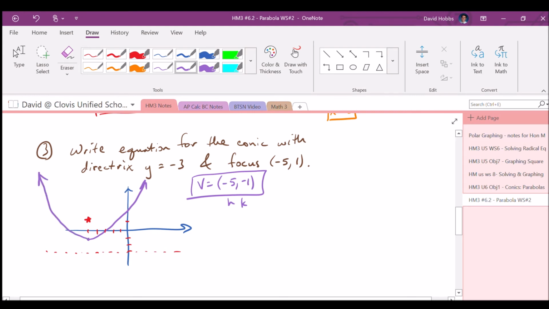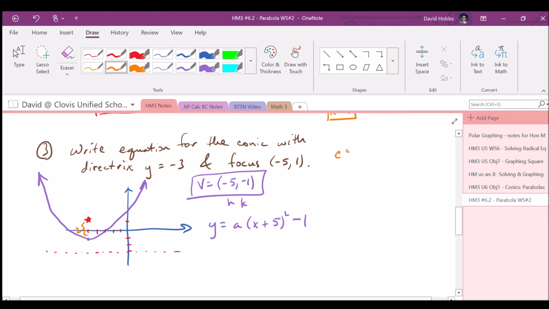So this is a y equals a times x plus 5 quantity squared minus 1. Okay. I know my a value is positive. How am I going to get the a value? Well, let's remind ourselves what the c value is here. So the c value right here is 2.